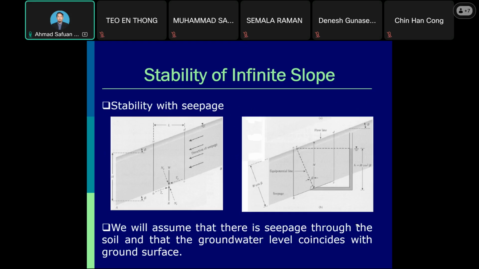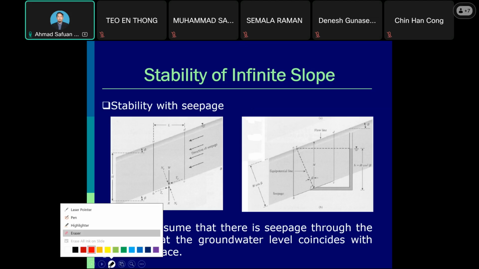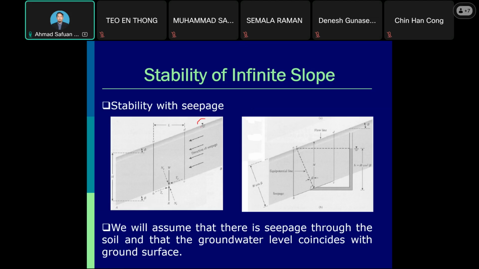The next example is when we evaluate the stability for a slope that has groundwater at the surface. So this is the example of a slope where the groundwater table is located at the surface of the slope.